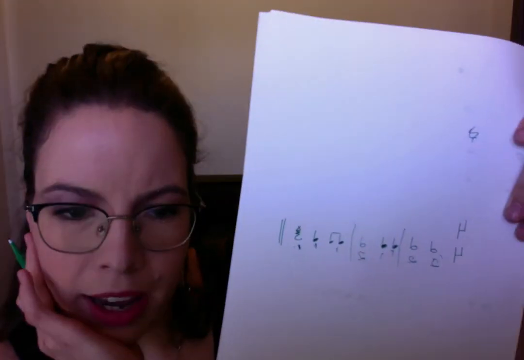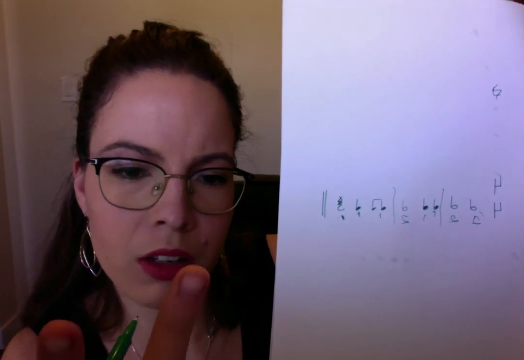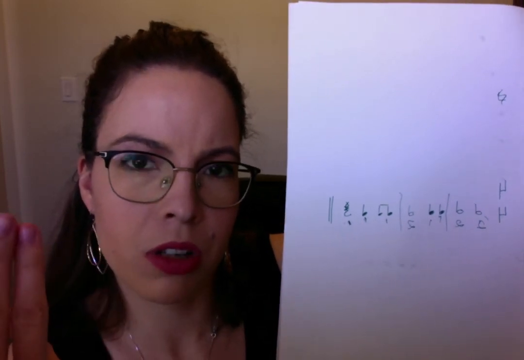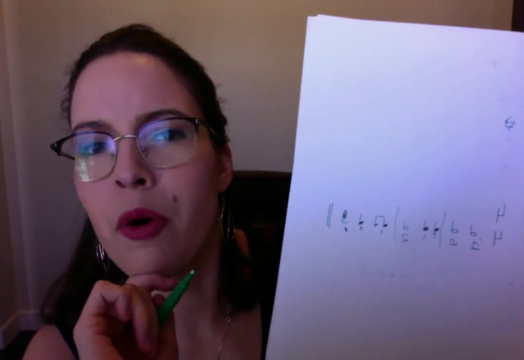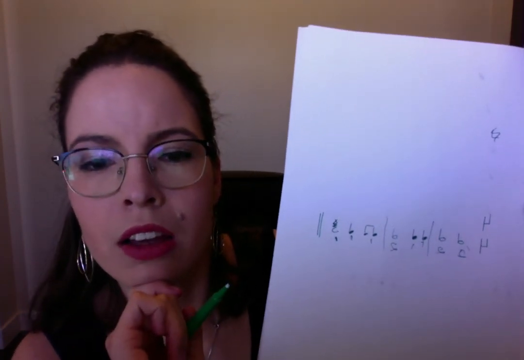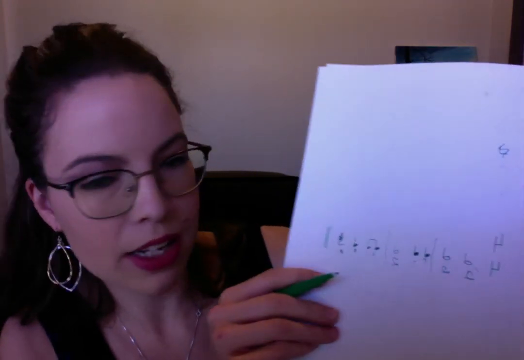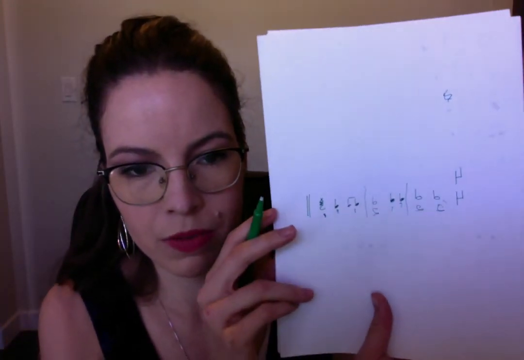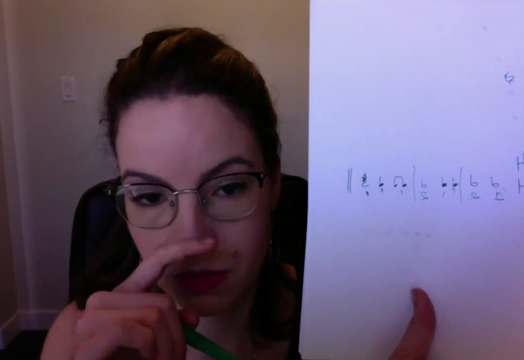How many beats do I have altogether? I've got 1 plus 1 plus 1 equals 3. But that can't be right, because we need 4. So I'm missing a beat. What could I put after this rest to finish this off? It has to be worth 1 ta.